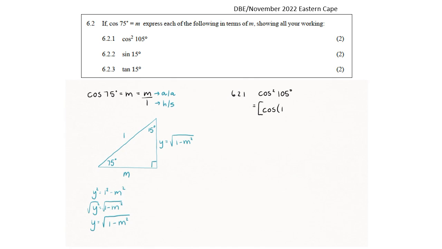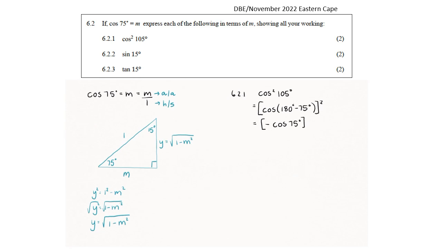So cos squared of 105 degrees is then equal to cos of 180 degrees minus 75 degrees, squared. And we know that cos of 180 degrees minus 75 degrees will lie in the second quadrant. And in this quadrant, cos is negative.